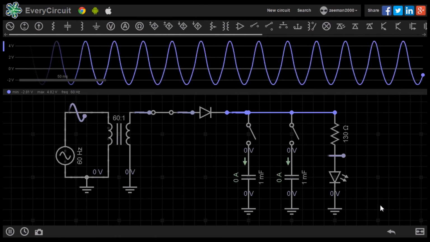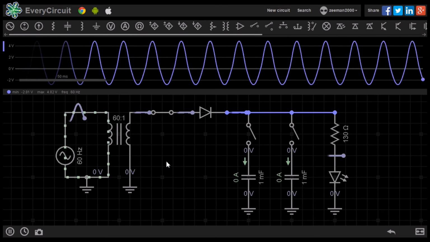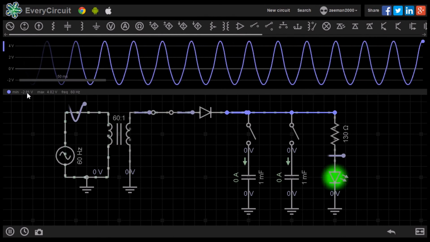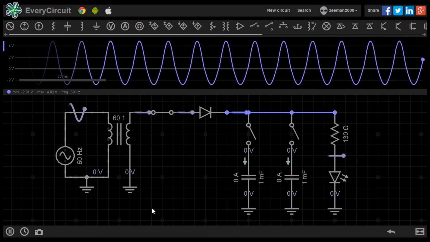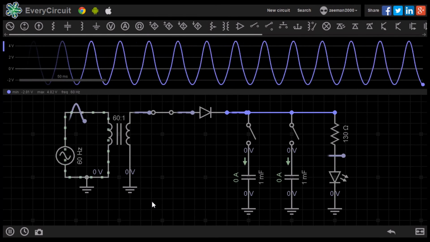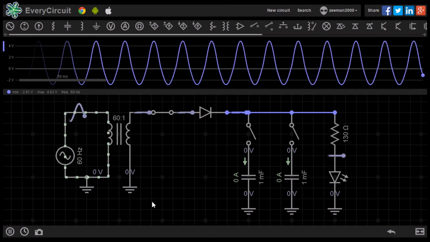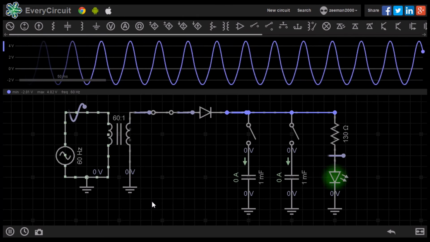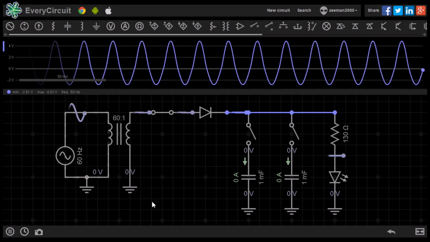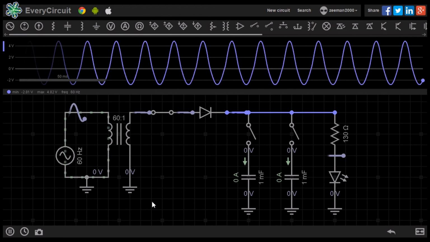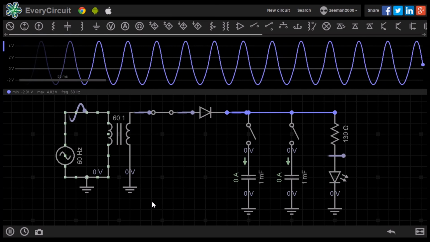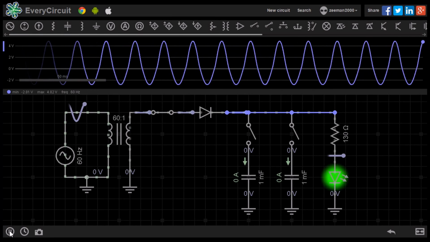The signal is now at maximum 4.82 volts and minimum negative 2.81 volts. Notice also the sine wave is slightly distorted and the LED is flashing on and off. So the diode has reduced the voltage by 0.82 volts, but is not smoothing the signal enough to keep the LED fully lit. Let's now add the first 1 millifarad capacitor.